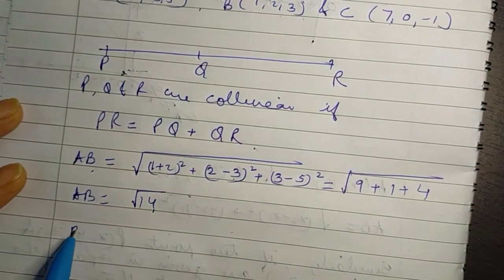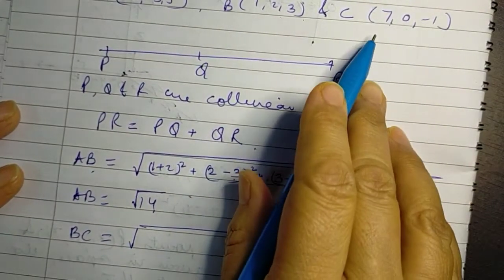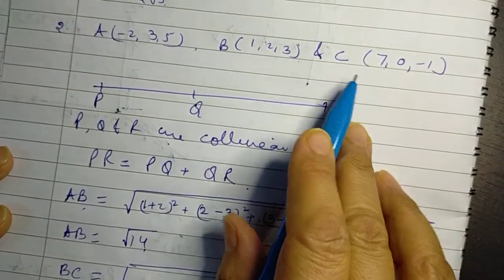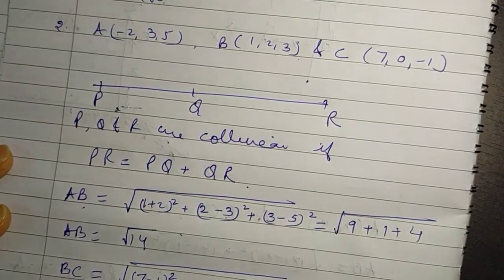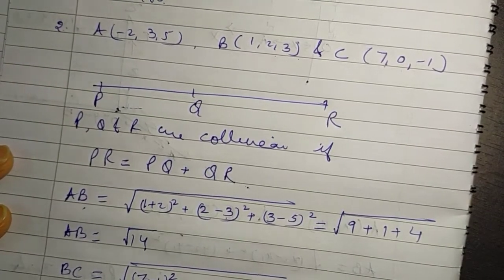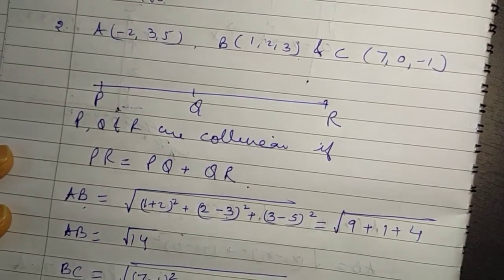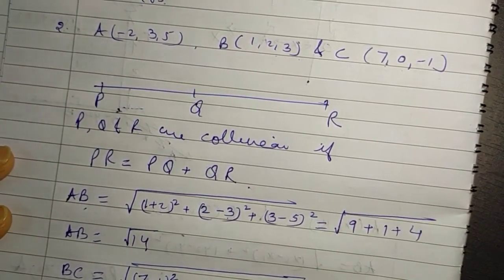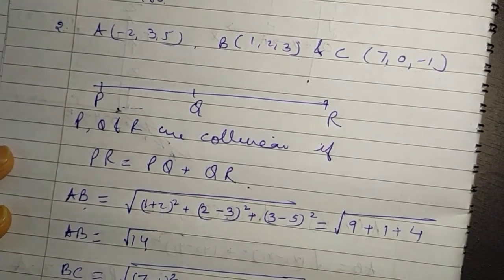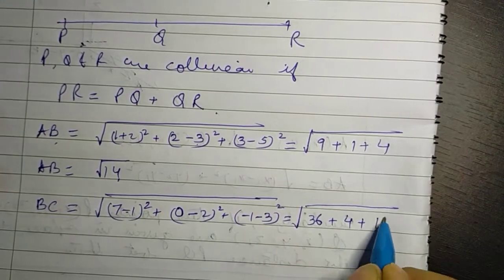Now same way we find BC. BC will be square root of x3 minus x2, that is 7 minus 1 whole square, plus y3 minus y2, plus z3 minus z2, which gives us square root of 6 square, which is 36, plus 2 minus 2 square, which is 4, plus minus 4 square, which is 16.